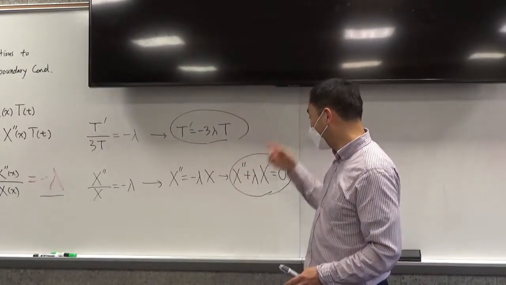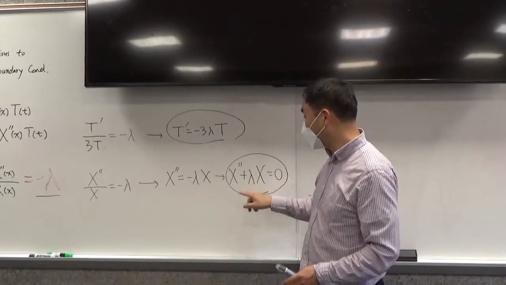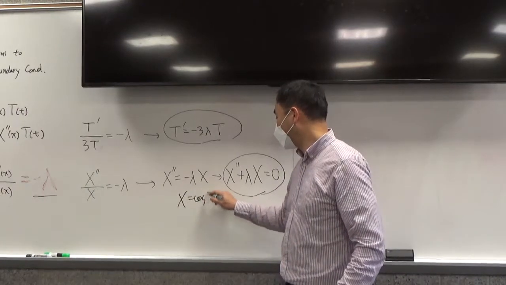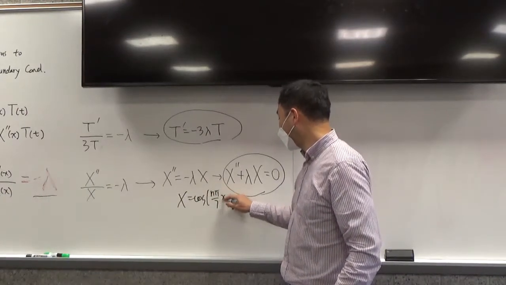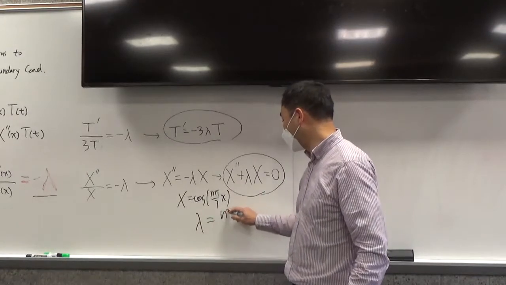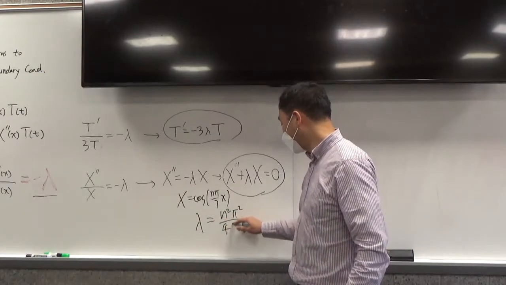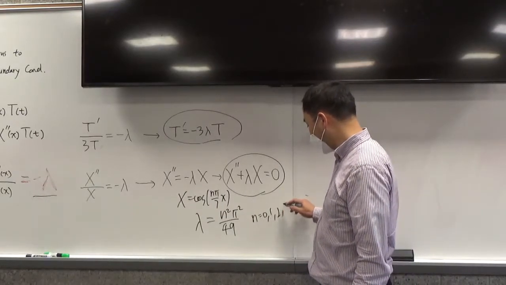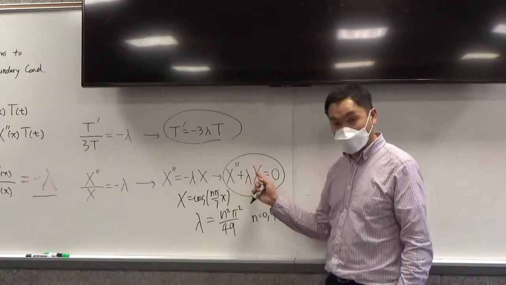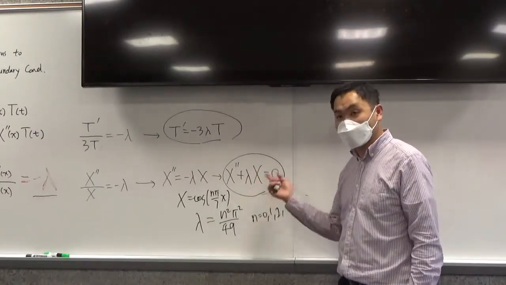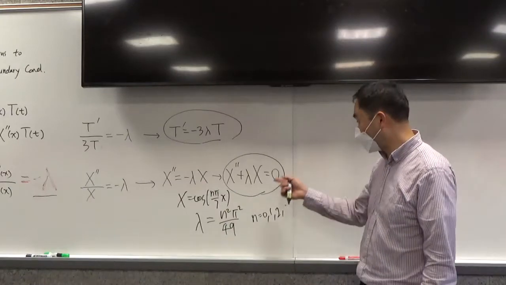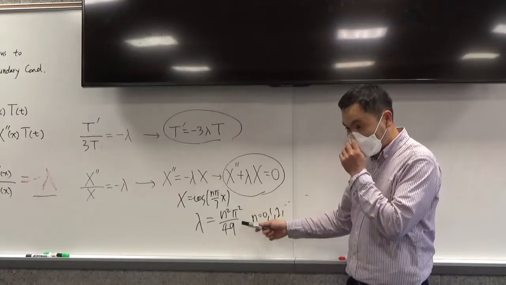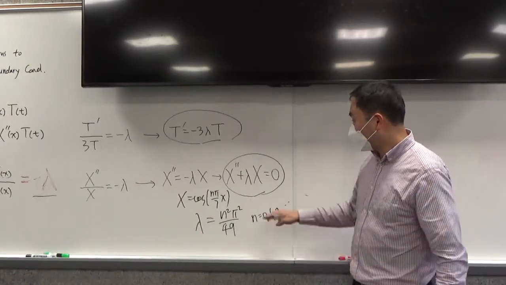And we also got boundary condition for this and ended up with X being cosine n pi over 7 x, and also lambda has to be one of these numbers. Only when lambda is one of these numbers, with n equals 0, 1, 2, and so on, you're going to get non-trivial solutions. For any other lambda values, this is not going to give you any non-trivial solutions. It will only give you 0 as the solution. So these are the values that we can expect a non-trivial solution. And that's just this side.